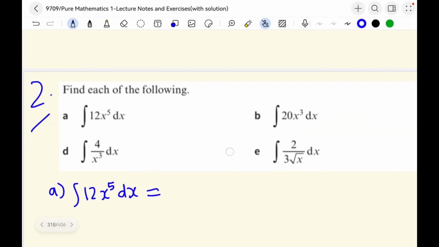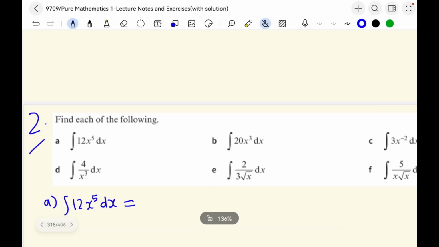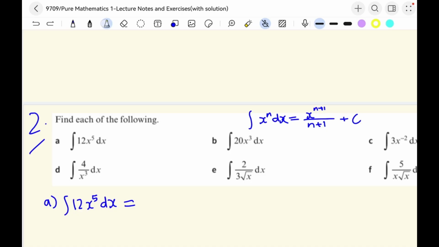Since this is the AS syllabus that involves polynomial integrals only, remember the rule: the integral of x to the n dx is equal to x to the power n plus 1, divided by n plus 1. Don't forget the plus c.